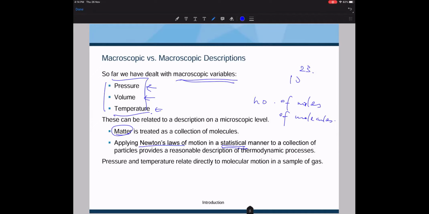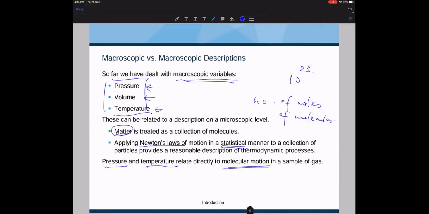It is not meaningful at all to talk about one gas molecule because there are simply so many of them. Each of them behaves slightly different. And we try to have, if you like, a mean value of the behavior. In particular, the pressure and the temperature could be directly related to the motion of gas particles.